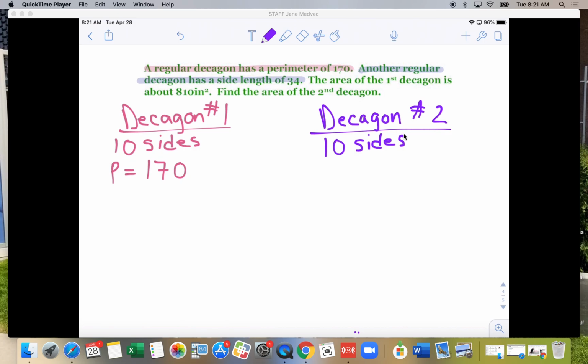So it has the side length of 34. So side length equals 34. Okay. The area of the first decagon is 810 inches squared. So area is 810, and I'm going to put inches squared here because I know what the label is.